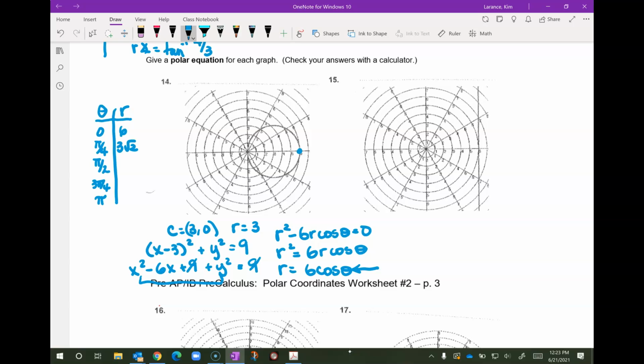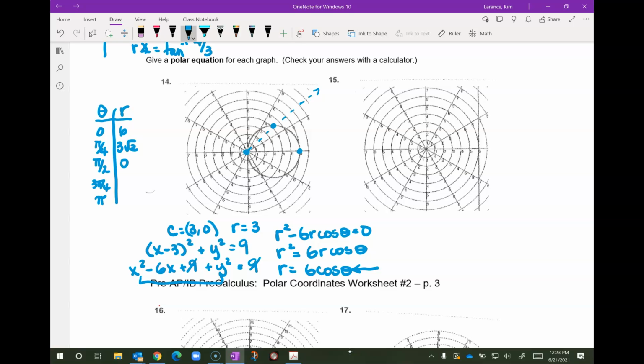And I'm not really sure what that is. That's going to be maybe about 4.5. So let's see, I'm pointed toward, we'll kind of bisected here. And so a little bit more than 4. Yeah, I like that point right there. That'll work. Pi over 2, the cosine of pi over 2 is 0 times 6 is 0.